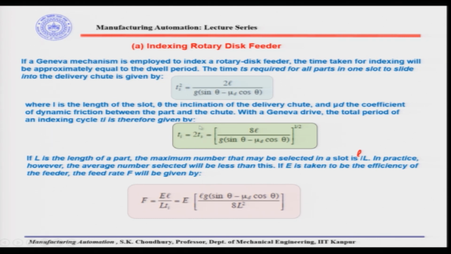Therefore, 2 T s, that is the dwelling time plus the indexing time, will give you the complete time, and this is equal to the square root of 8L divided by g sin theta minus mu d cos theta. Now, this is the maximum rate we can get, and that multiplied by the efficiency will give you the mean feed rate of the feeder. So, this we have discussed.